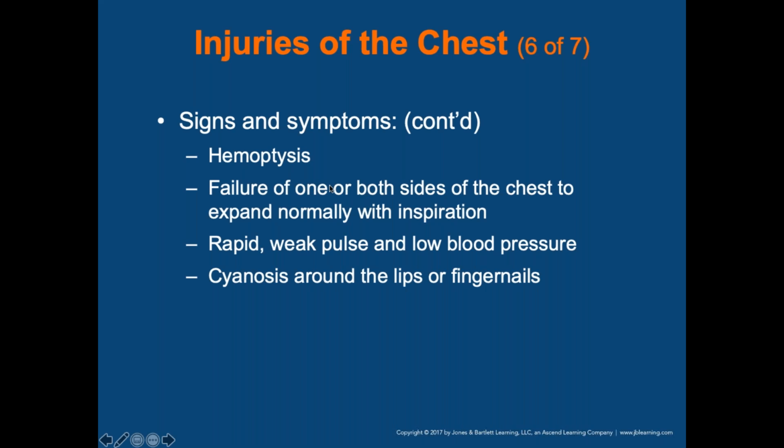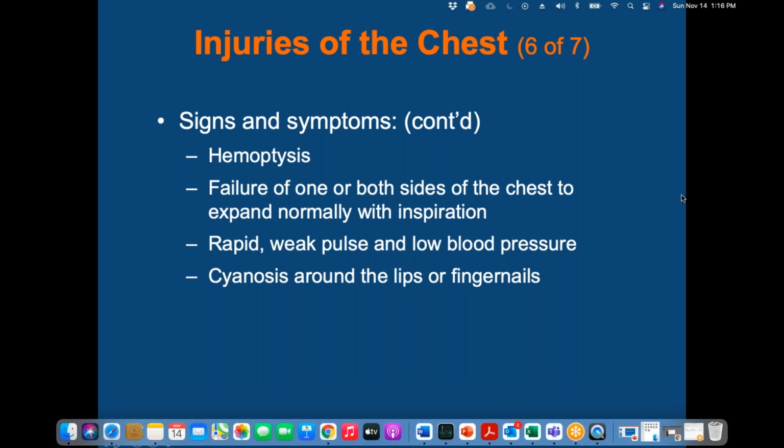You may see some hemoptysis, so vomiting of blood, as well. You could have rapid or weak pulse, low blood pressures, and cyanosis around the lips and fingernails.